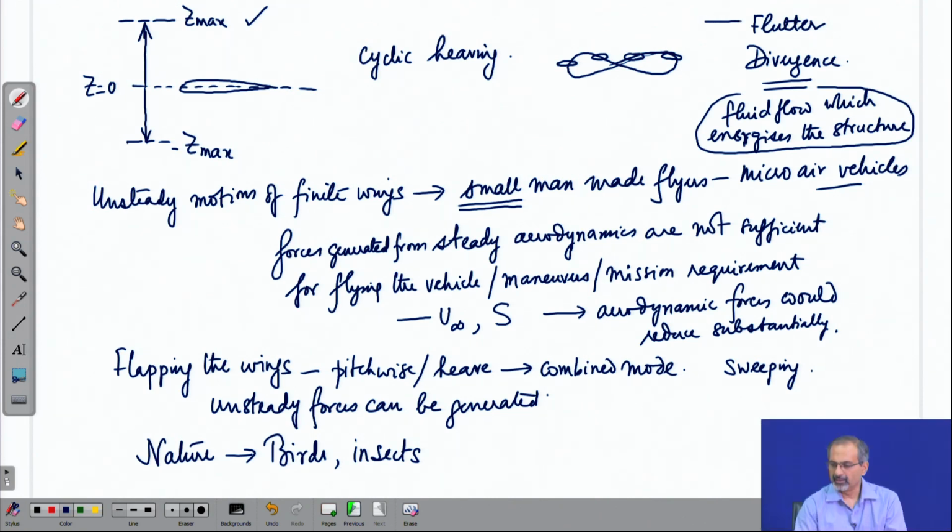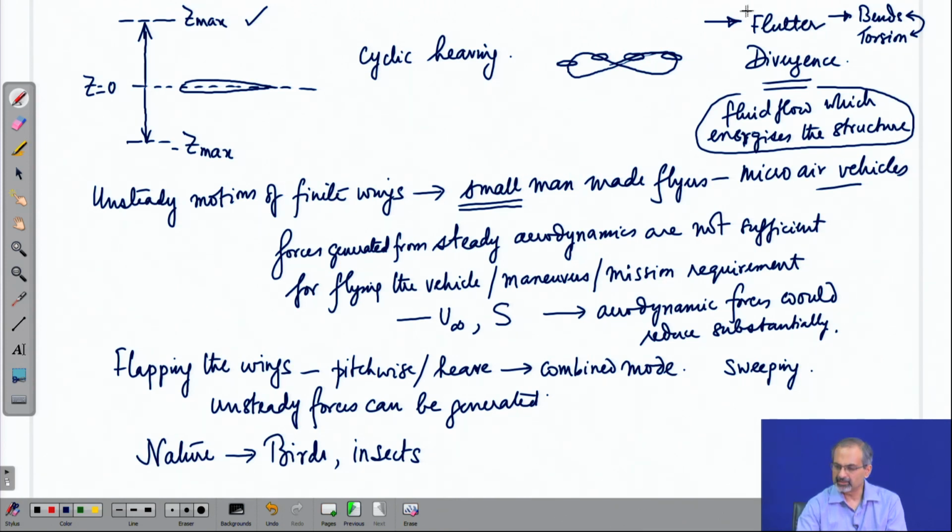And in the case of flutter, what we see is that the wing bends about its root and it also undergoes torsion, and they happen in a combination, making the wing to oscillate very vigorously.